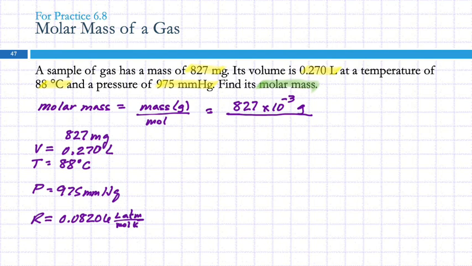Are my units all good? No. The volume is fine in liters, but the temperature needs to be in Kelvin. So that's 361 Kelvin. And the pressure needs to be in atmospheres.